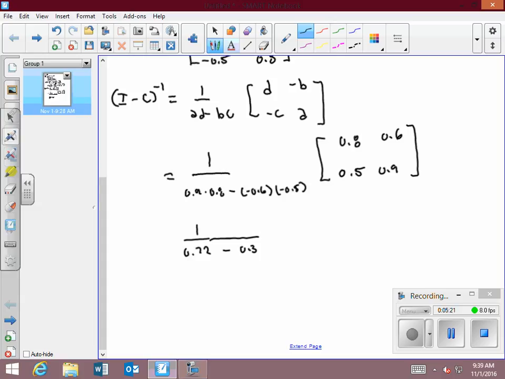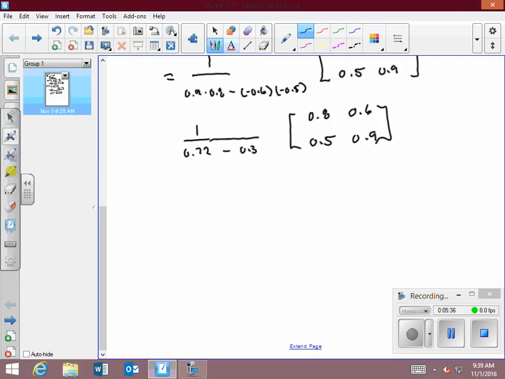It's half of 0.6. That has to be. It's 0.42.